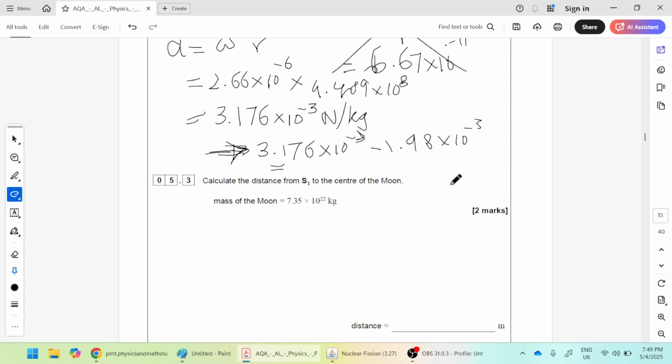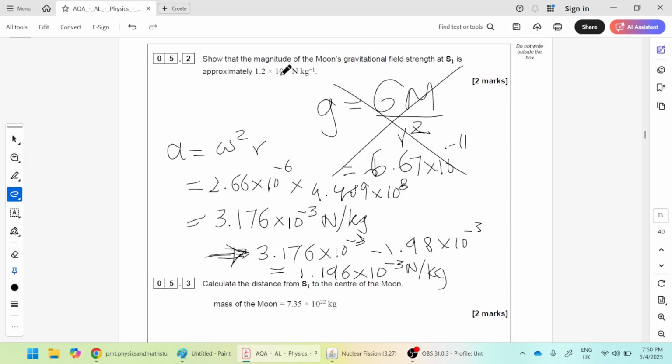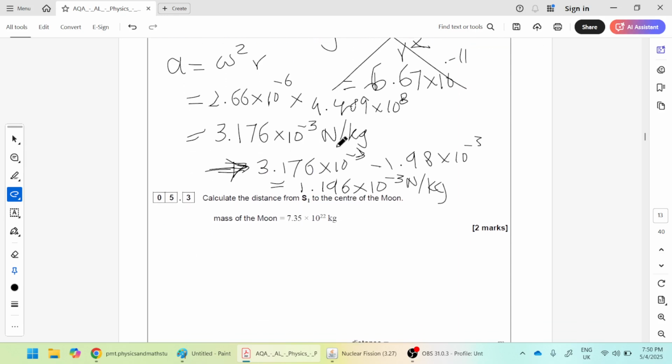When I plug that into my calculator, I get, hold on, 6 minus, that is 1.196 10 to the power minus 3 newtons per kilogram. Let's check that. Yeah, so it looks correct. I'm going to move on.